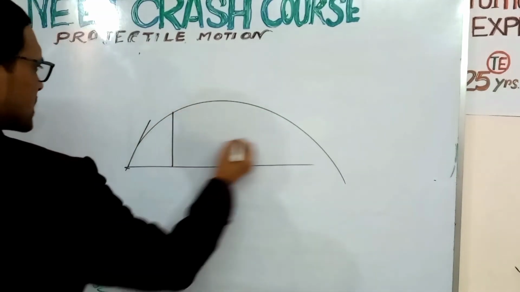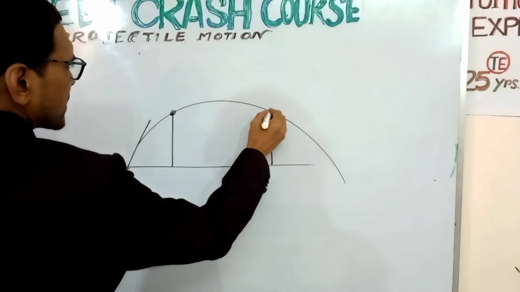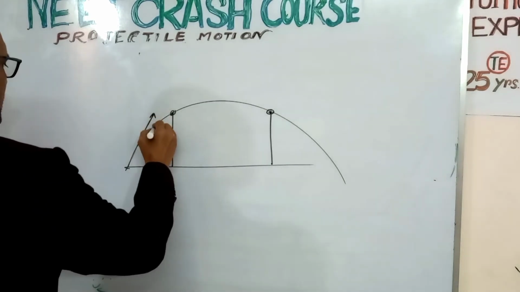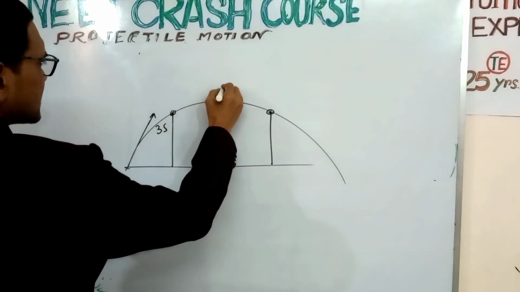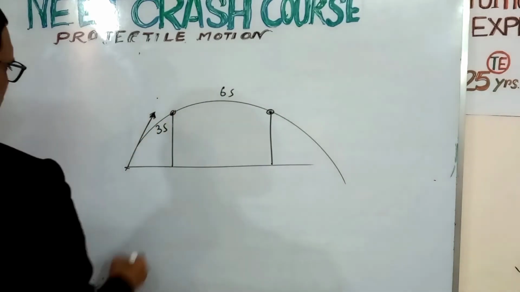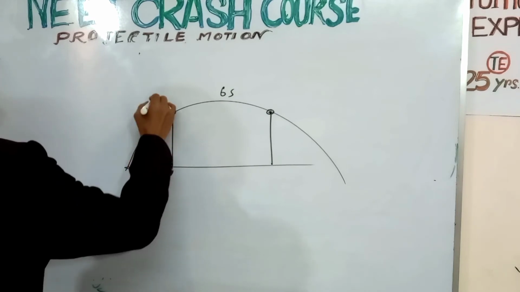Now suppose a particle crosses the same pole in two times, suppose 3 seconds and another at 6 seconds, and the angle of projection is 30 degree and velocity is u.